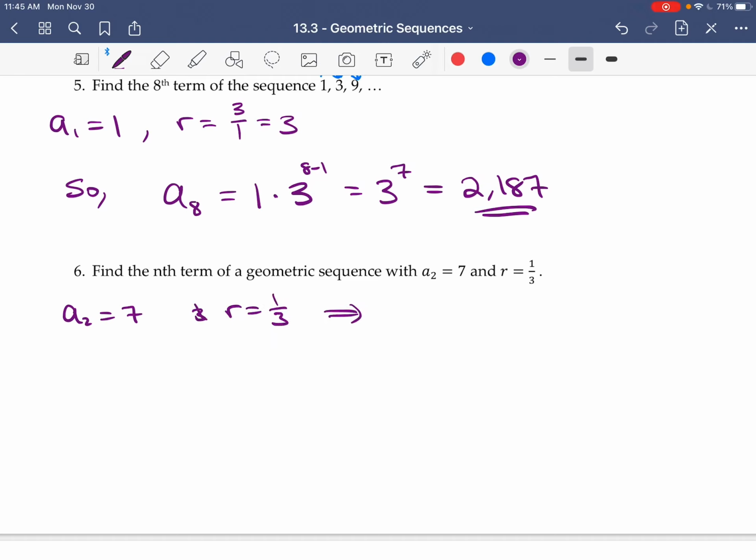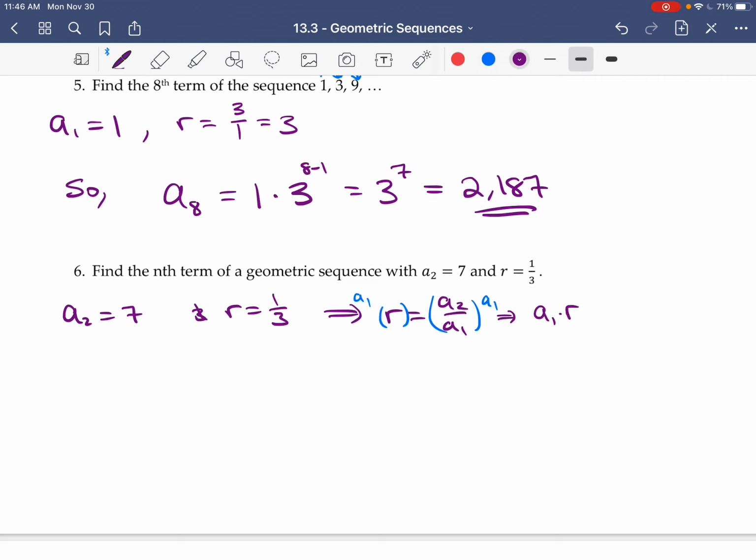Maybe I should show you why that's the case. r is equal to A2 over A1. If I want to solve for A1, because I'm going to need the first term, I multiply both sides by A1. That gives me A1 times r is A2. And then if I divide by r, I get A1 is A2 over r.